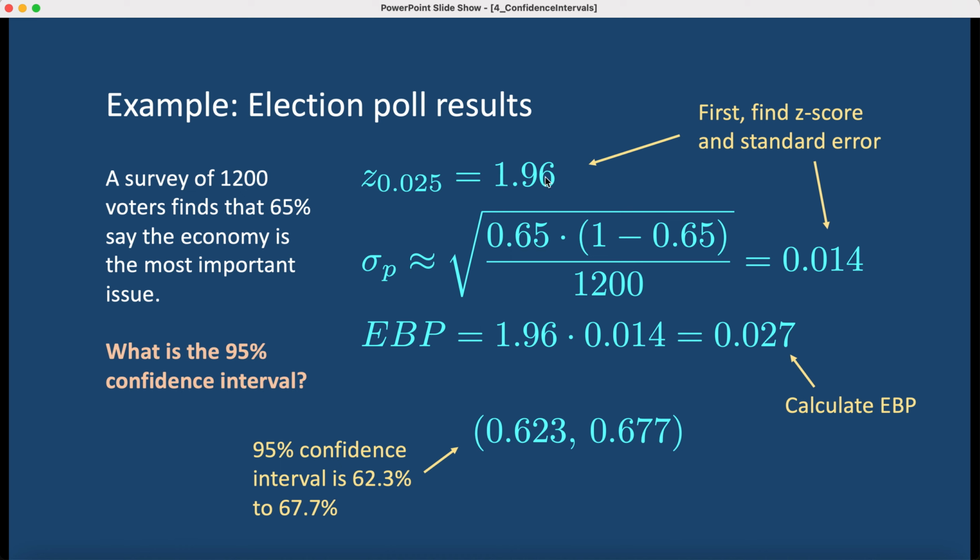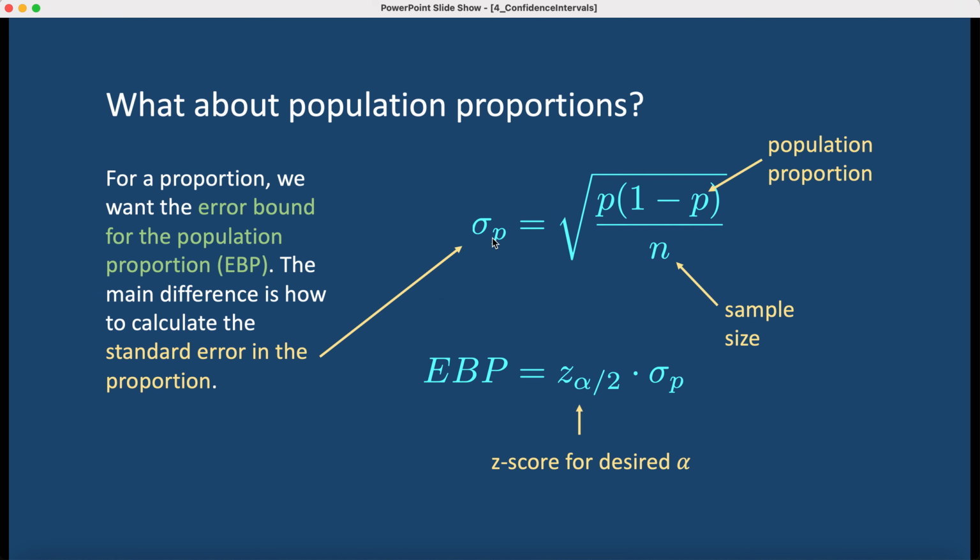We have that value 1.96, and the standard deviation for a proportion is always given by the same formula. This is going to be true whenever you have a proportion. We plug in the sample values for the proportion, because that's what we have to work with, and the sample size.